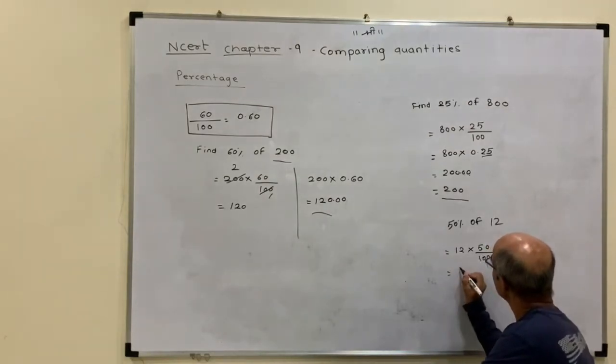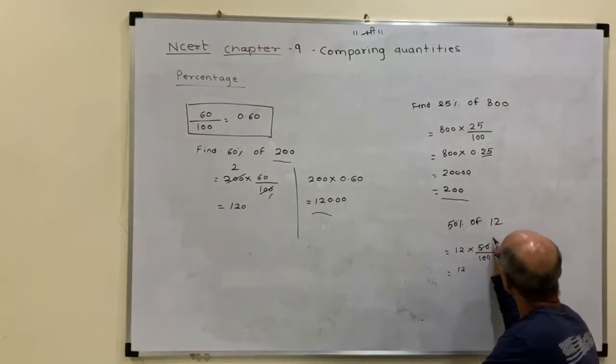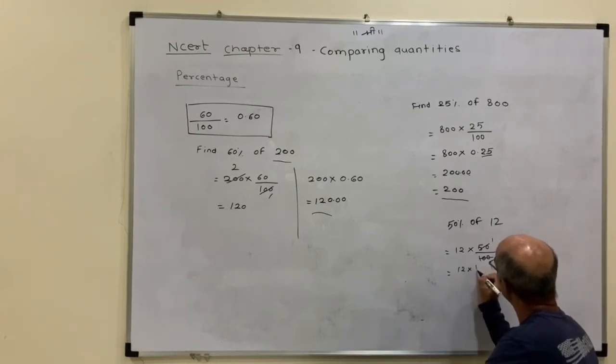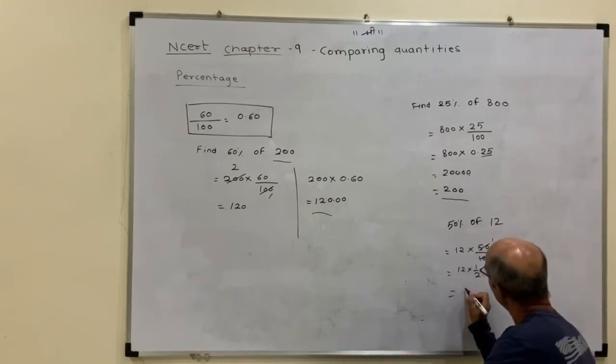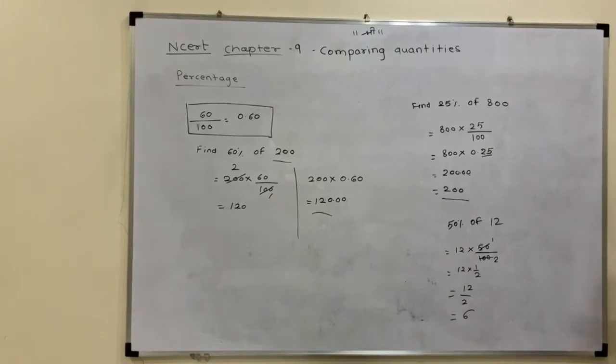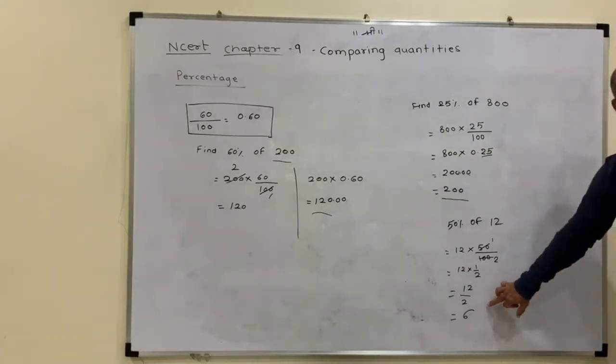So here it comes out to be 50 ones are 50, 50 twos are 100, so into 1 upon 2, equals 12 divided by 2, equals 6. So 50% of 12 comes out to be 6.